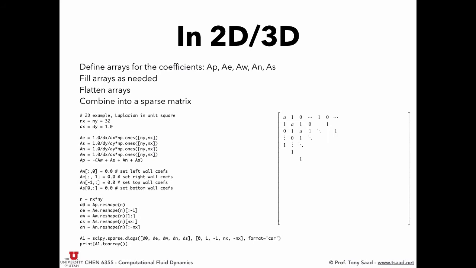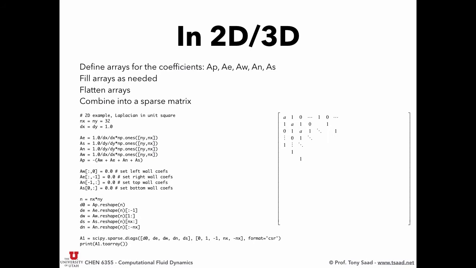The way I like to do it, and many people do it this way, for unconventional matrices, you create an array of the size of the grid. So you have a 2-dimensional grid, nx by ny. You create an array of size nx by ny for the east, south, north, west, and p coefficients. What that tells you is that for a given point ij, you have all the coefficients for the equation at that point. Then you construct those coefficients.